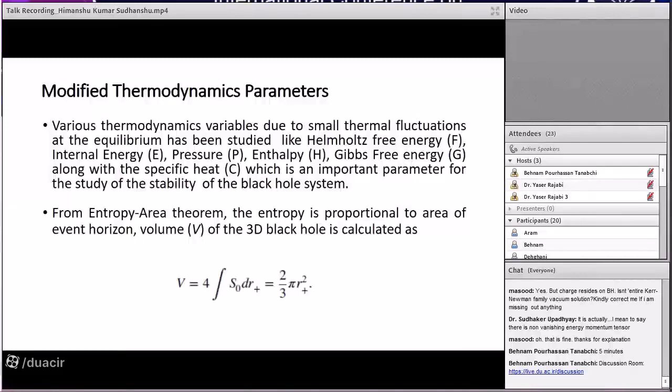For the study of the stability of black holes, the specific heat has been studied. Once we have the entropy of the black hole system, the thermodynamic volume of the black holes can be calculated from 4 times the integral of S₀ dr, which is found to be 2/3 of πr².